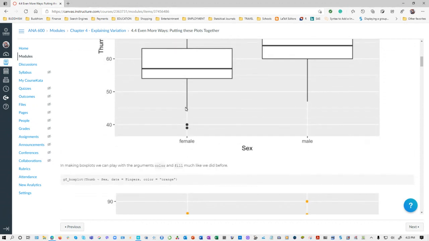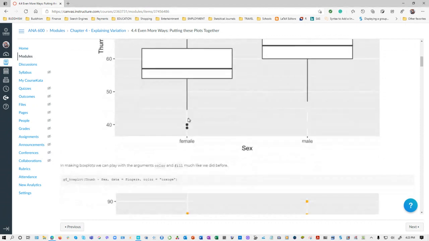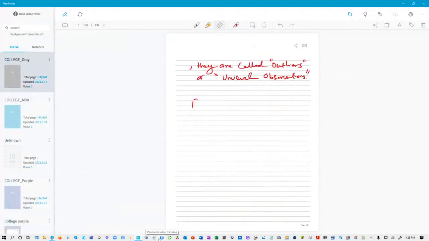In a similar fashion, the whisker goes all the way down to this point. That's the minimum. The end of the whisker is the maximum and minimum. The end of the top whisker is the maximum, and the end of the bottom whisker is the minimum.